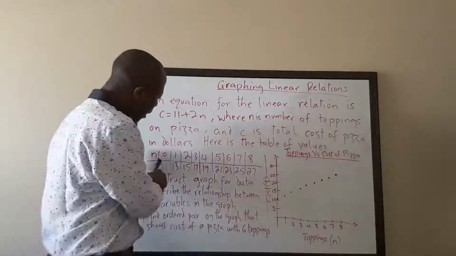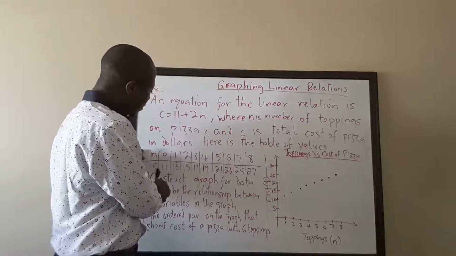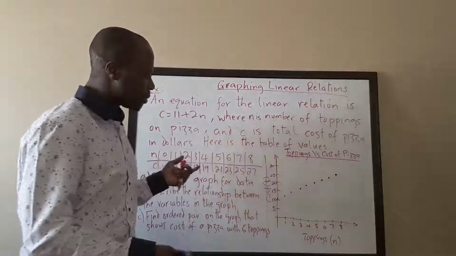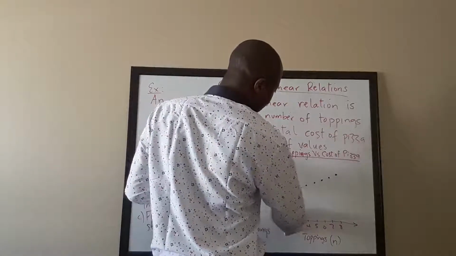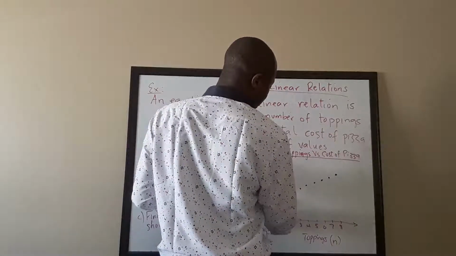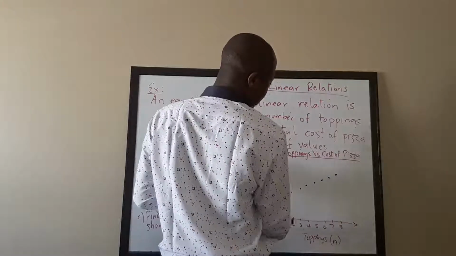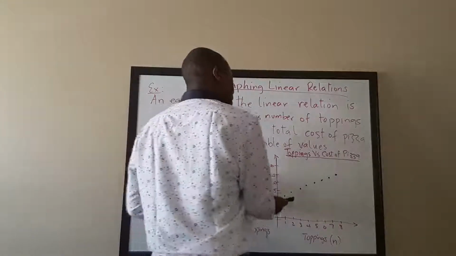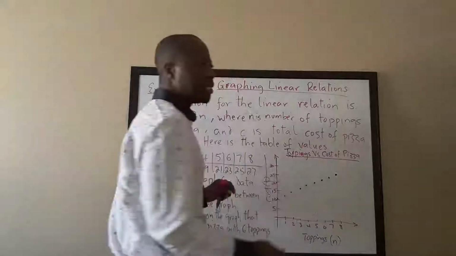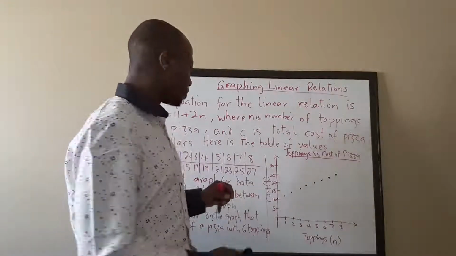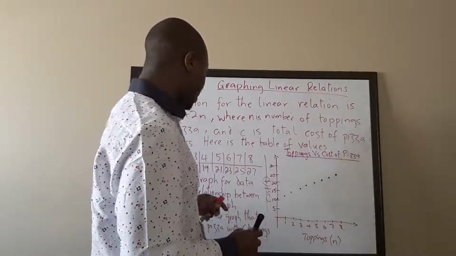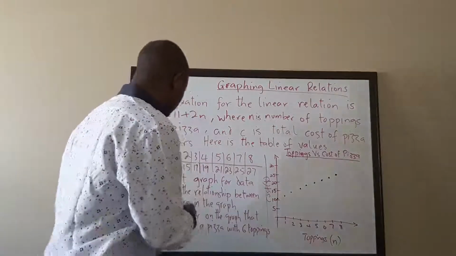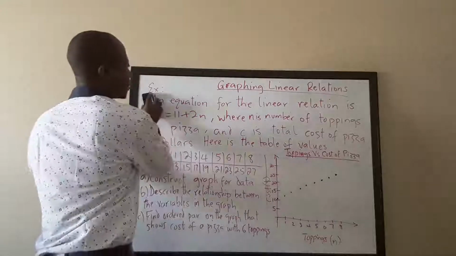The same thing here. As the number of toppings is increasing by 1, my cost is increasing by $2. So I can see the fact that this is going up means there's an increase. I'm going to write B very quickly here.